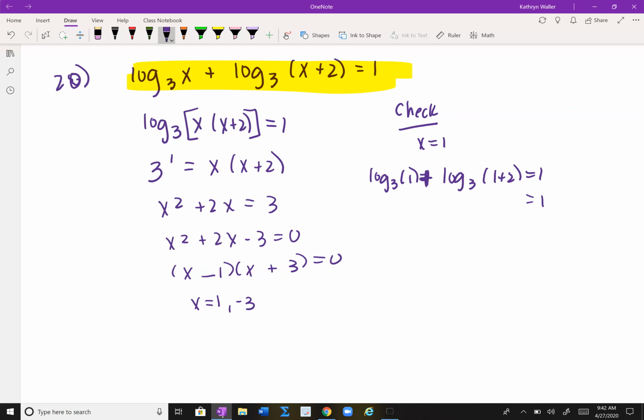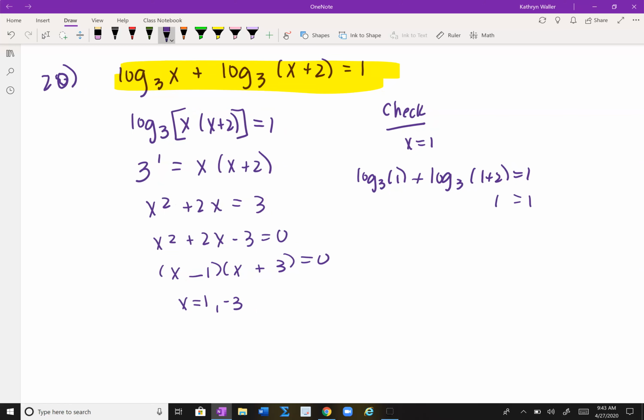Now I have to put in the left-hand side and make sure that I get a 1. Okay, make sure you actually do this. So do this with me. Go log 1, close it, divided by log 3, close it, plus log 2 plus 1 is a 3. So I'm going to go 3, close it, divided by log 3, close it, enter, and I got 1 equals 1, so I know x equals 1 is a solution.